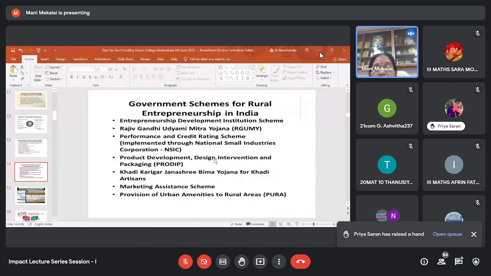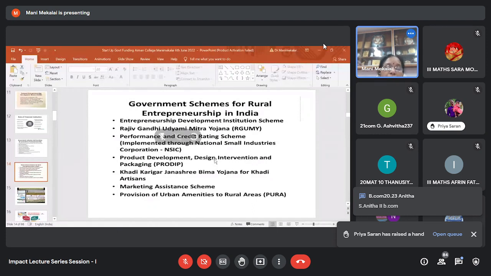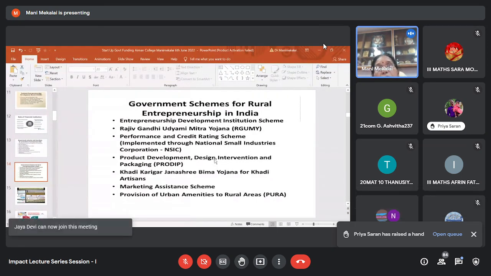Khadi Gramodyog Vikas Yojana and Janashree Bima Yojana are for Khadi artisans, because in those days we were very much into rural artisan products. We had our buttermilk, not Sprite or Coke. We had our stone benches under the tree and the traditional cart, not the cushioned seats with plastic chairs.